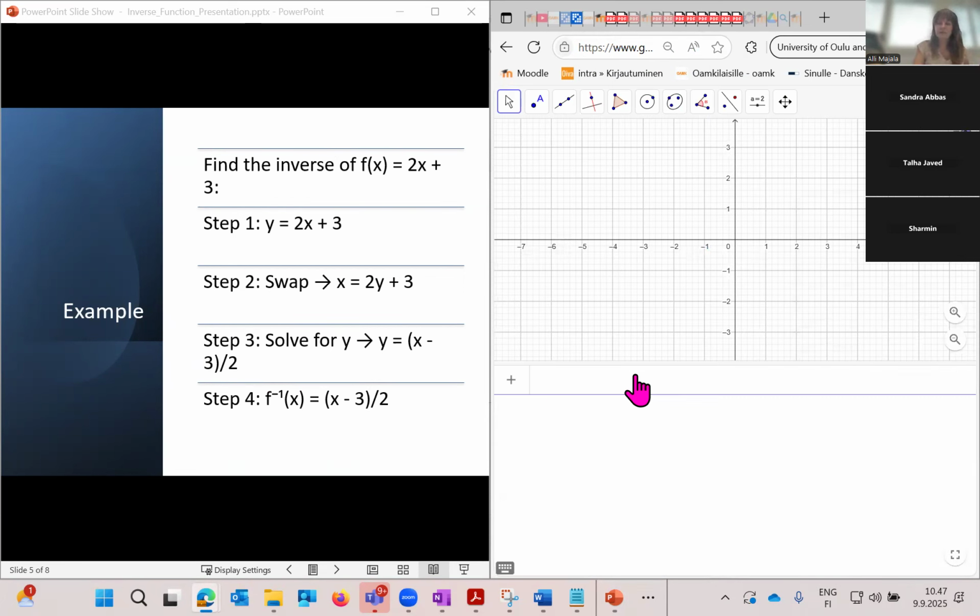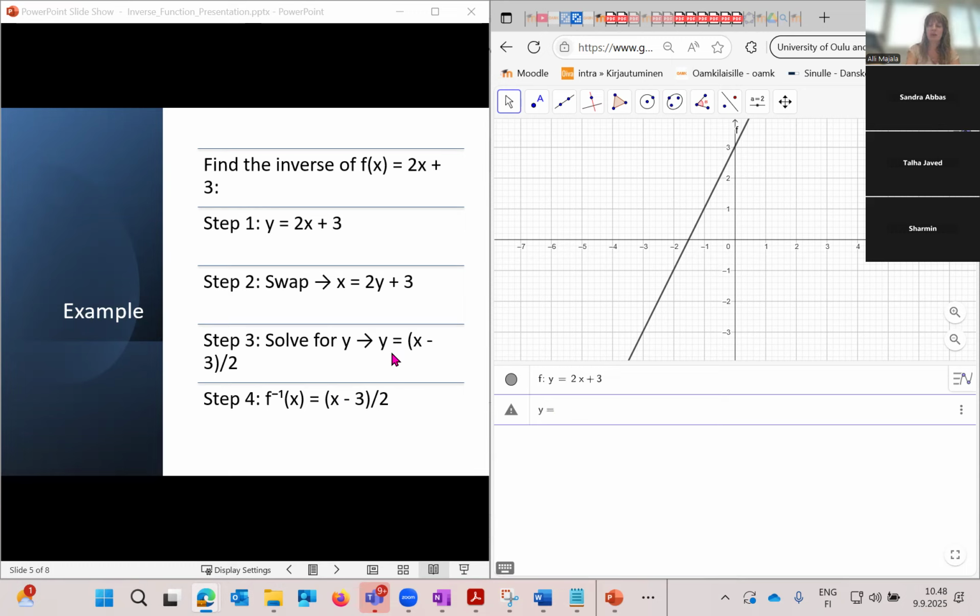Okay, so I had y is 2x plus 3. And then the next, y is x minus 3 divided by 2.